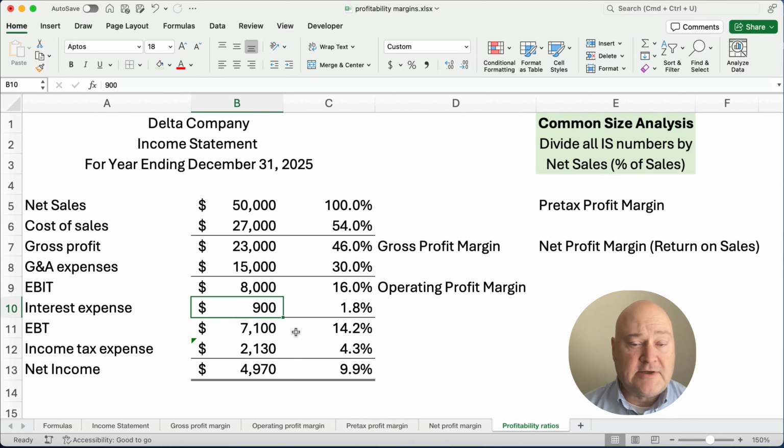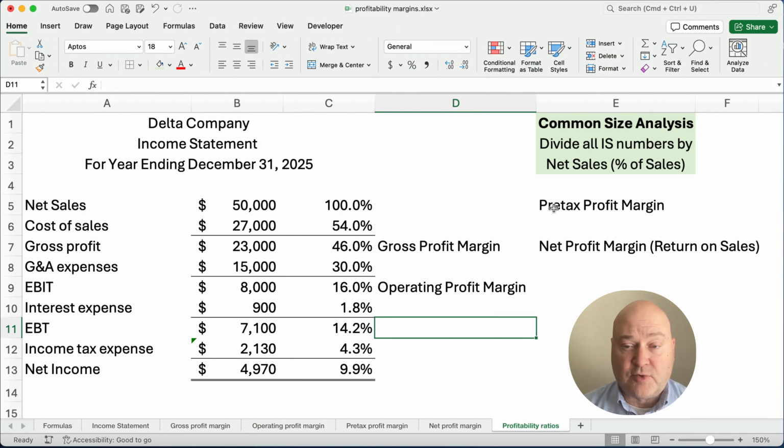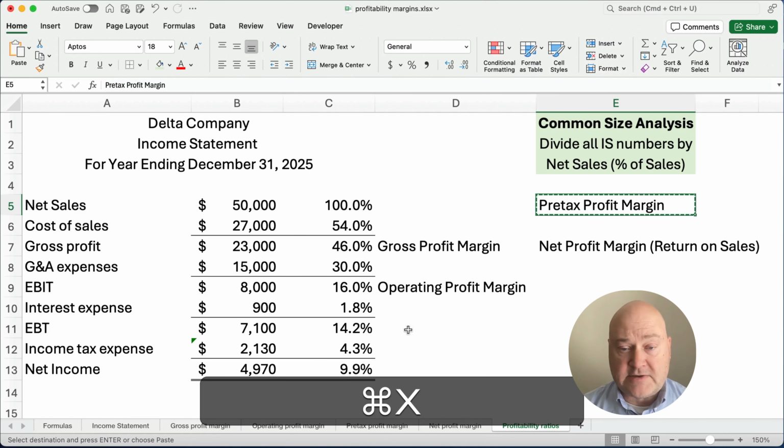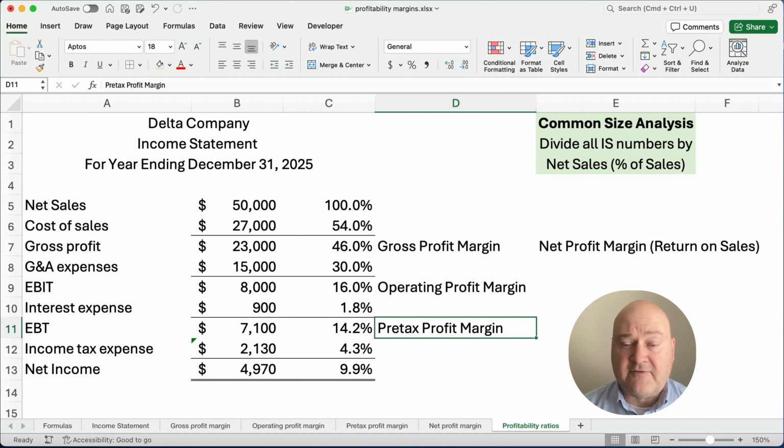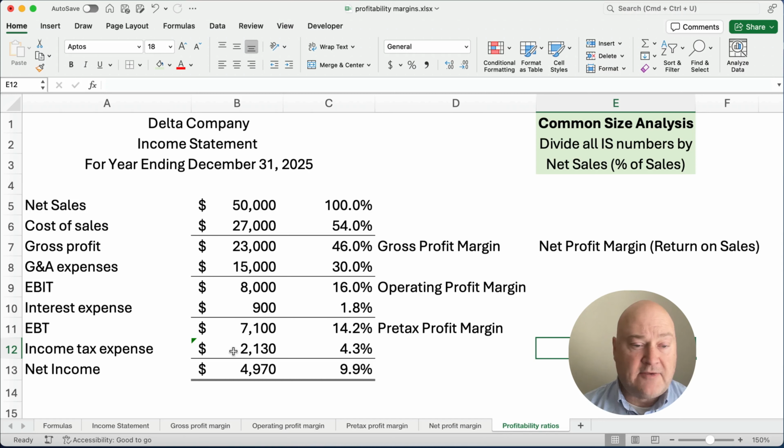Then we subtract out interest expense and we end up with EBT, so earnings before tax. Can also be called pre-tax profit. So what's that 14.2%? Well, it's pre-tax profit margin. And then subtract out the income tax, and we're left with net income.